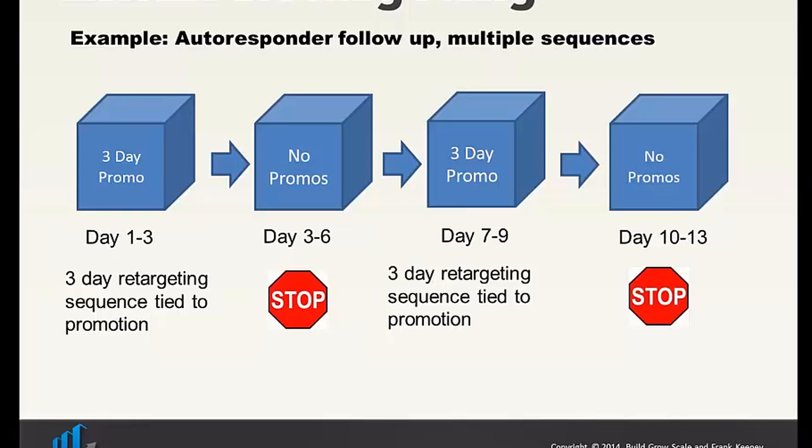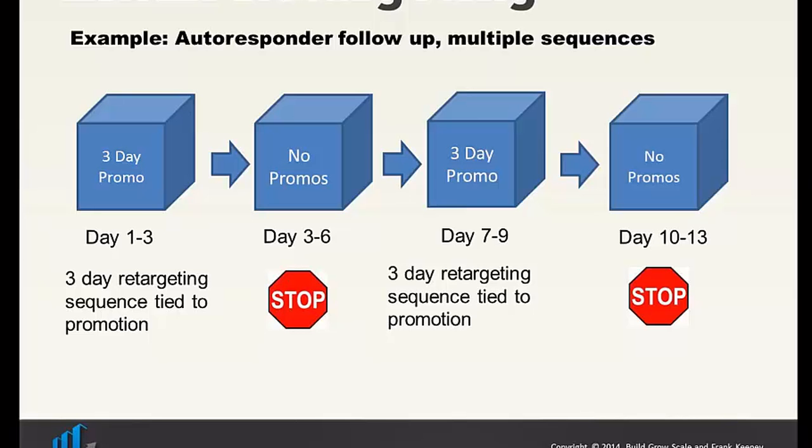So for 3 days, as long as they open an email, they're going to see offers for that. And then when that promo is over, it stops. The retargeting stops. Obviously, you're not sending them another email on that. You're sending them content emails or videos or whatever else.